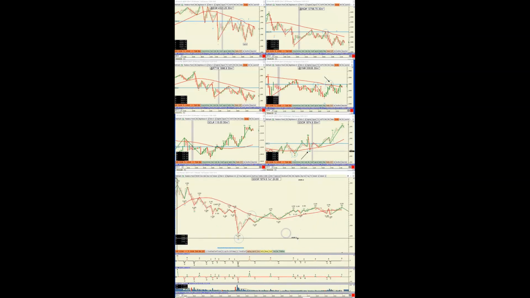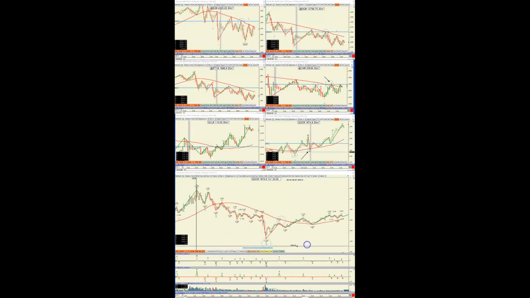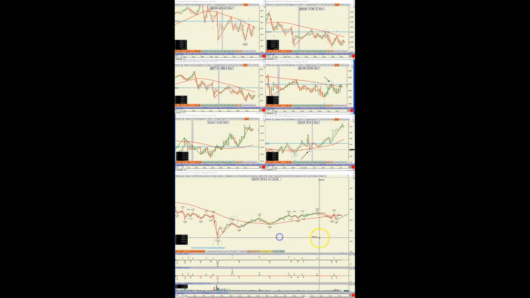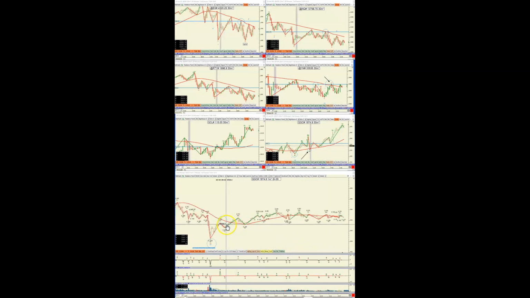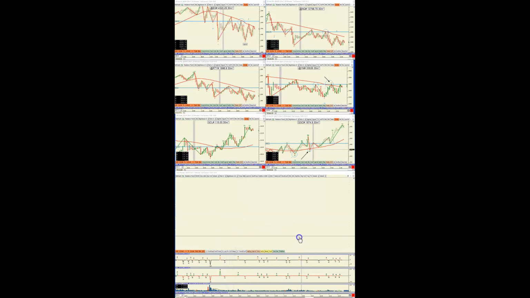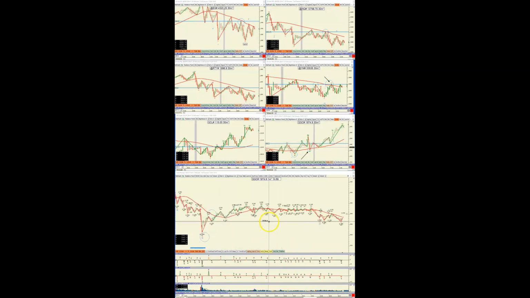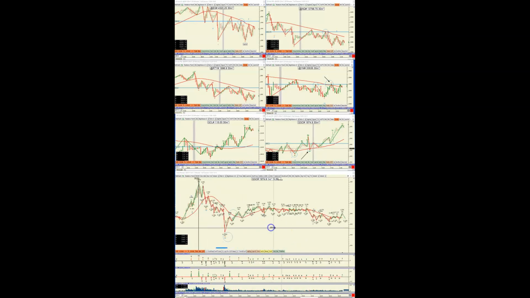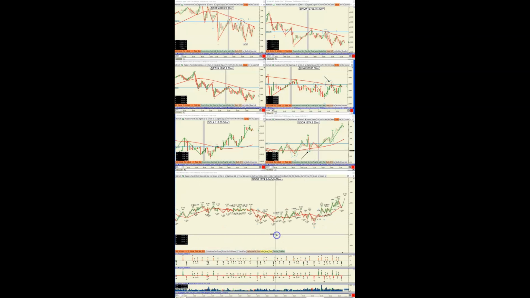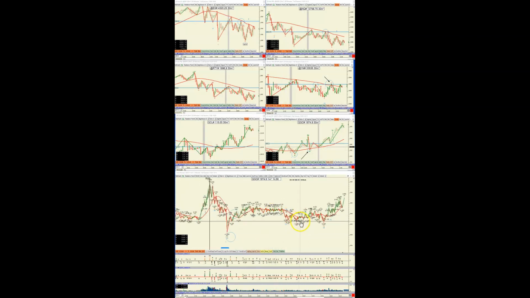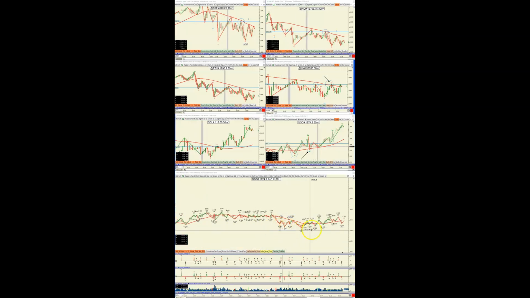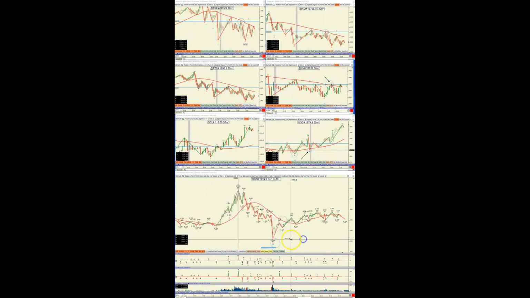And see, that was the trigger to go long right there. And the market rallies. Later on, it came all the way down and gave that test, and then rallied higher.